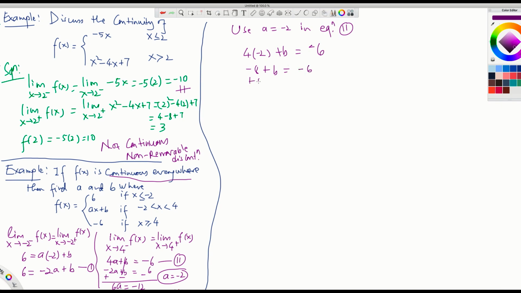Now add 8 on both sides. What do you get? You get b equals positive 2. So a is -2 and b is positive 2. Those are the values of a and b, so that if you plug in -2x plus 2, then the left limit and the right limit at -2 and the left limit and right limit at positive 4 are equal.